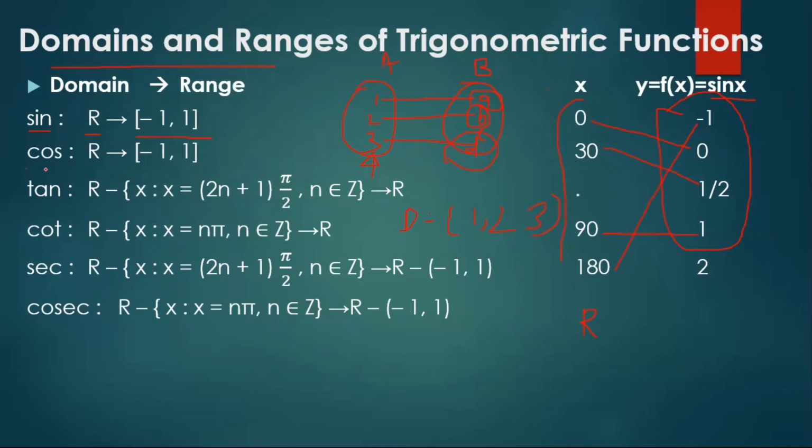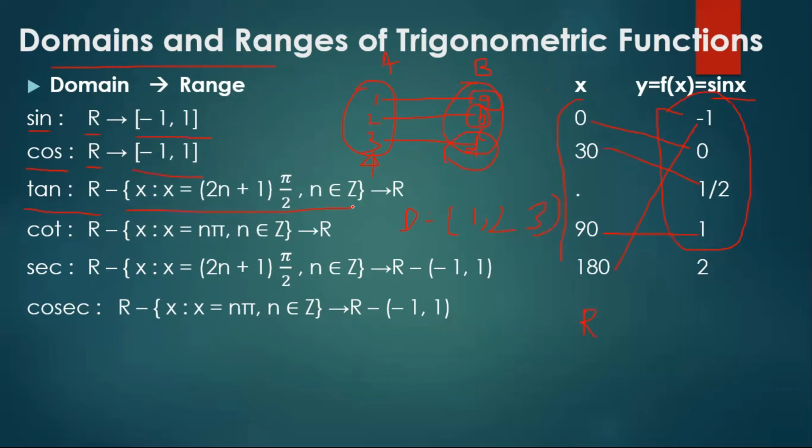The same way it applies for cos. You can take any value for x, that is any real value, and your range will be between -1 and 1. Tan. See, R minus. What do you mean by this R minus? We know that at tan pi by 2, what is tan pi by 2?